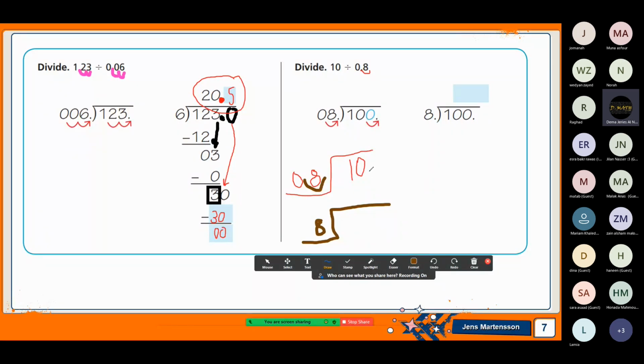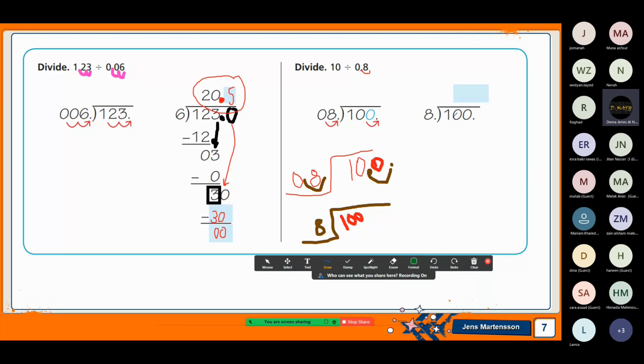So what do I have to do? I will add it, then move 1 digit to be here, and in this space I will add 0. So now it comes as 100 divided by 8. Let's now continue.